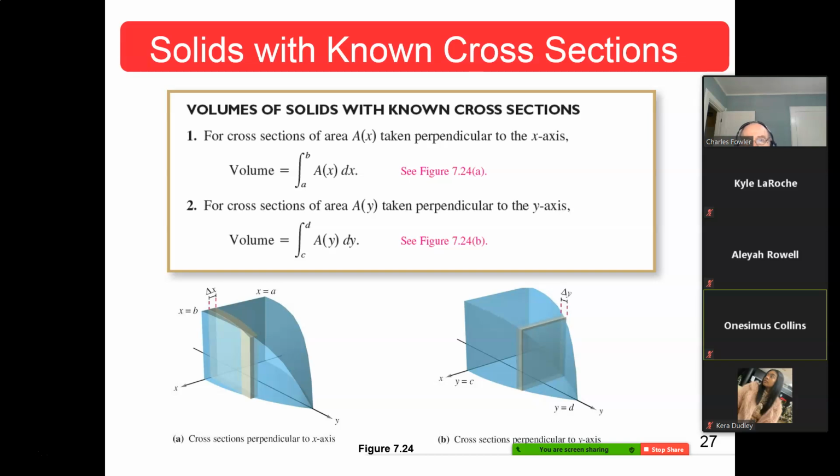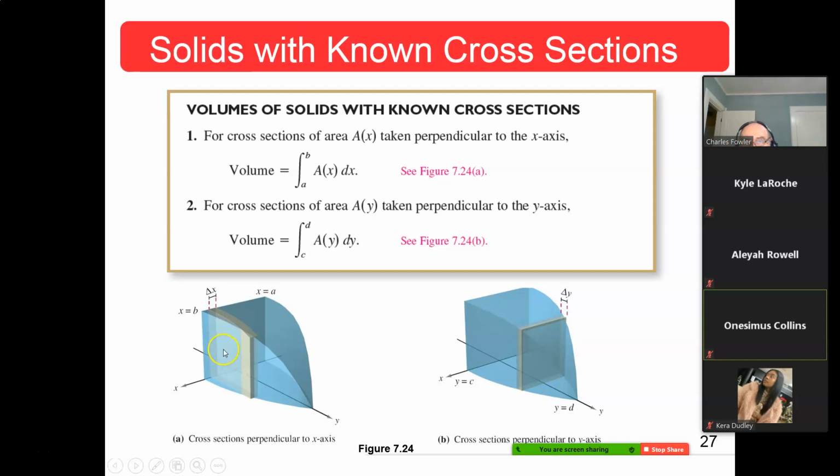For a cross-section of area A of x, so the area is dependent on x, I'll show you what that means in just a second, taken perpendicular to the x-axis.